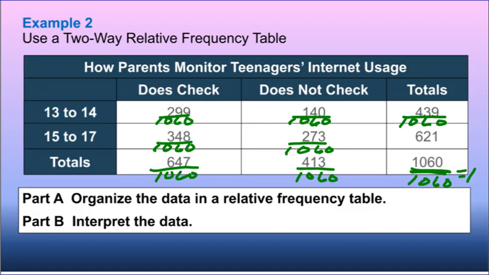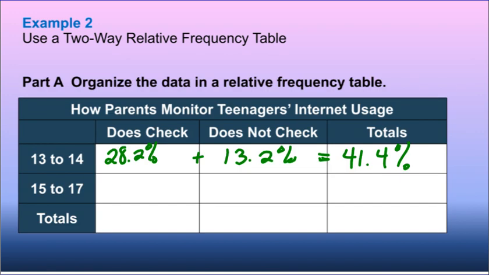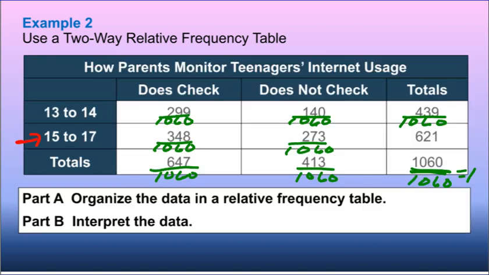Our next row, 15 to 17. We're on this one here. So we do 348 divided by 1060. That gives us 32.8%. And then the next one, we have 273 divided by 1060.